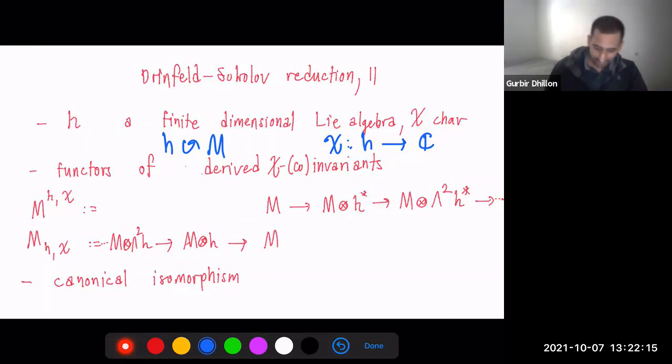So let me remind you what invariants look like: Lie algebra cohomology. Intuitively, you want to pass to the invariant vectors in M. Those are the things which are killed by the action of the Lie algebra.